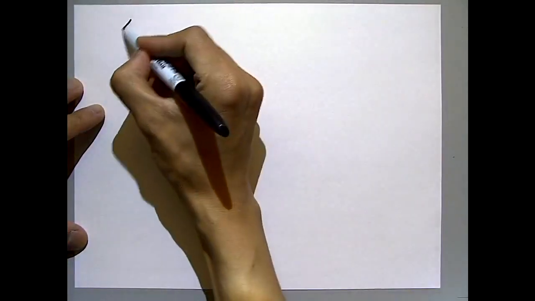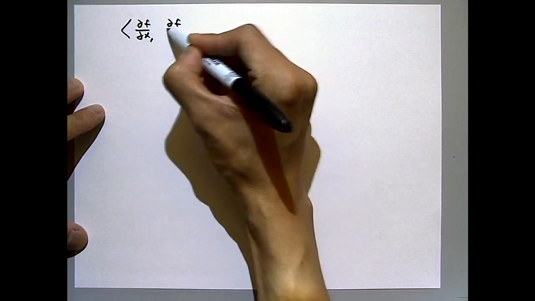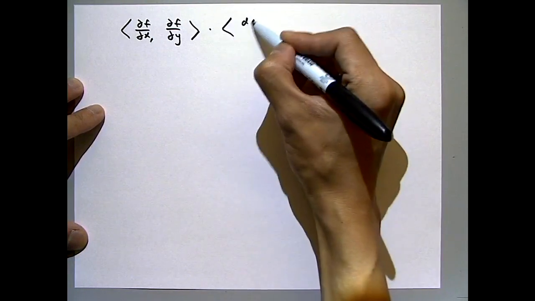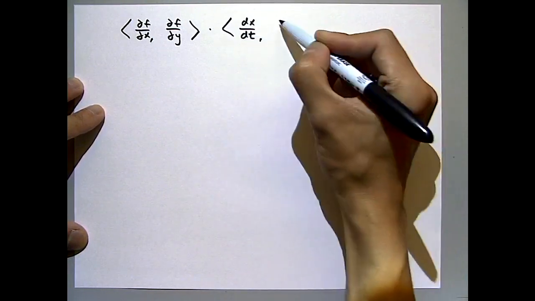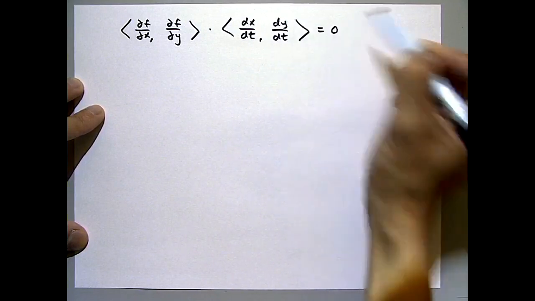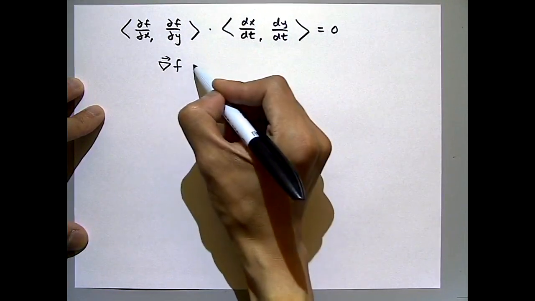So what that says, I'm just rewriting that same equation here and putting down a few notes. This is the gradient vector, we identified that.